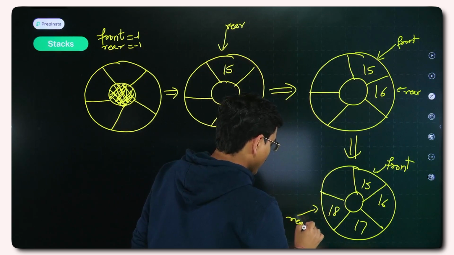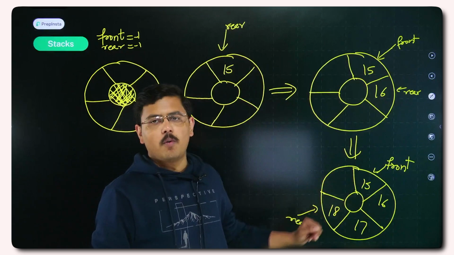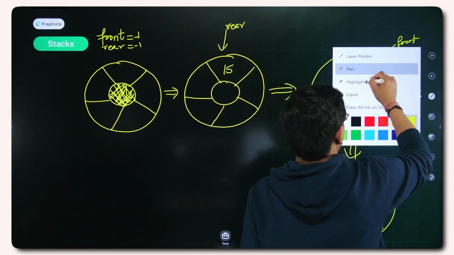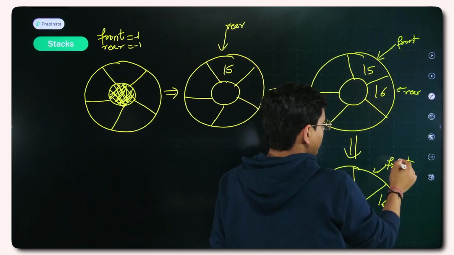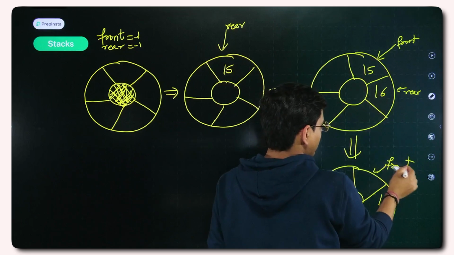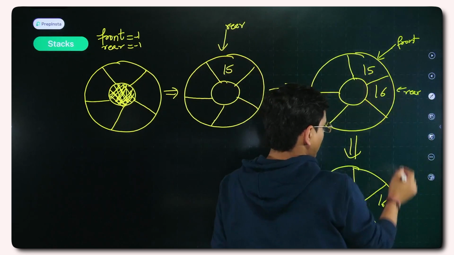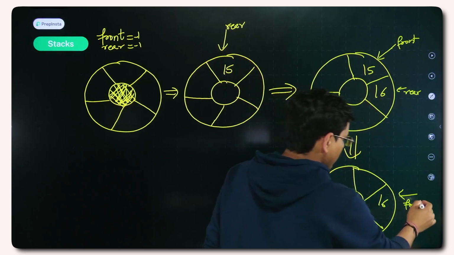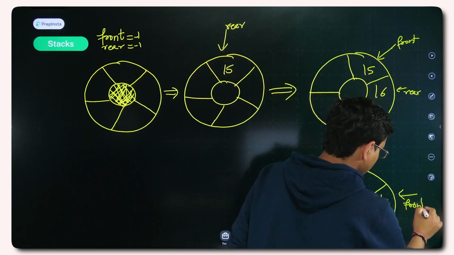At this point of time, I perform dequeue operations. So in that case, I dequeue this, and the front starts pointing at another location. So now front is incremented, front is here.